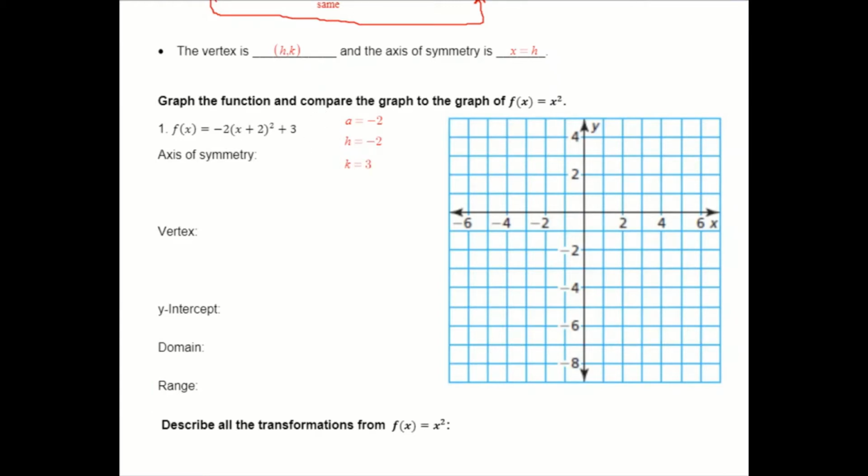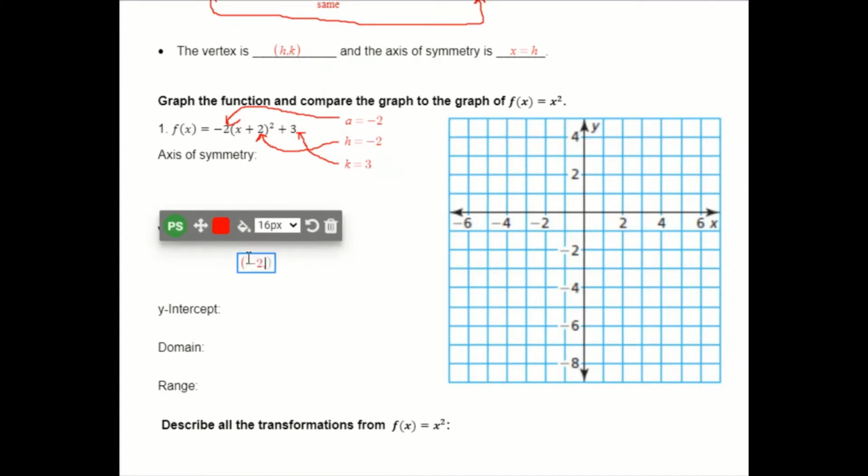So the a I'm getting from right here, the h is right here, and the k is right here. So the vertex here is going to be (-2, 3). The axis of symmetry is x equals -2.